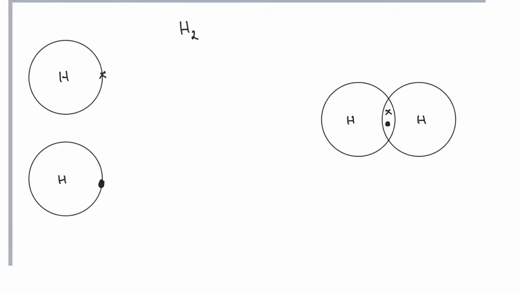Hydrogen only needs 2 electrons to have a full outer shell because hydrogen's only got 1 shell. It's the only atom that will form a covalent bond where there's only 2 electrons. This is our covalent bond, and we call it a single covalent bond. We can show this using the displayed formula as H with a single line attached to another H. A single line represents a single covalent bond, or 1 shared pair of electrons.